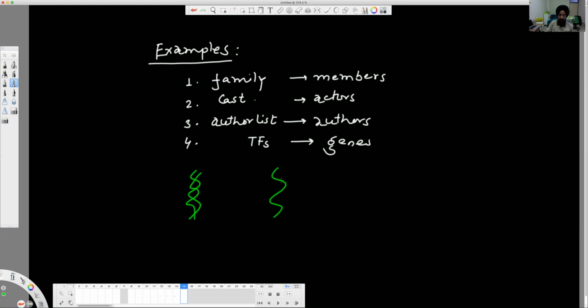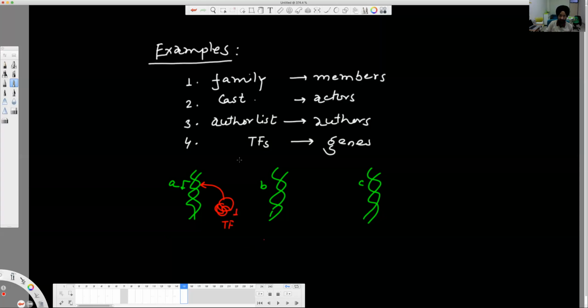Let's say these are different locations of different genes, okay? And there was a gene located here, A, B, C. And you can have a protein which can work as a transcription factor, right? Let's say this binds to the promoter of this gene. This is your protein, this is your TF. A, B, C are your genes, and this is your TF, let's say 1.